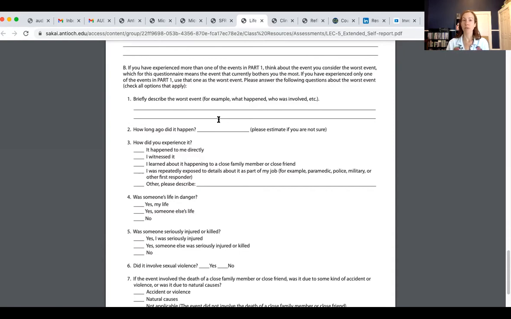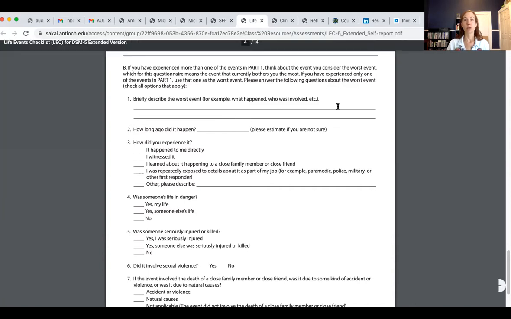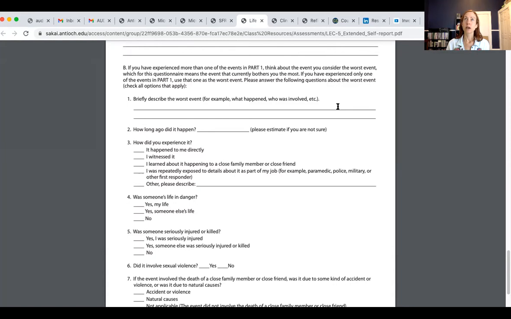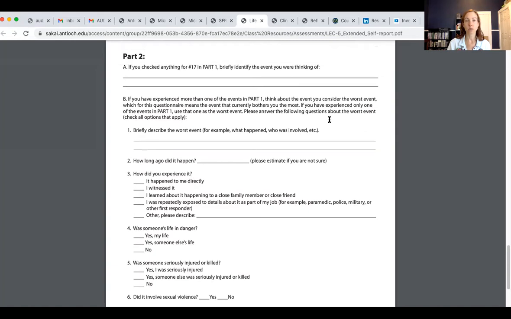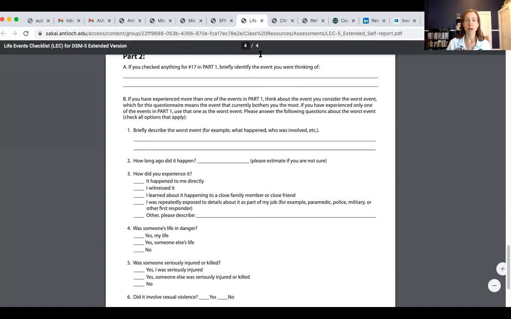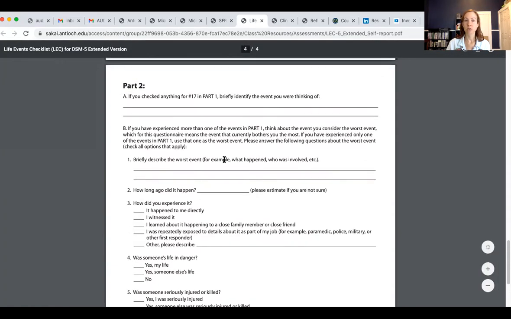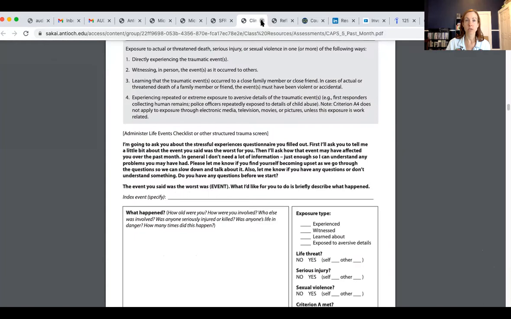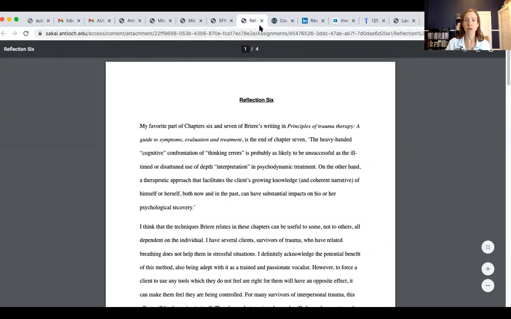You might want to have them on hand with a client who has difficulty spontaneously volunteering information, but clearly has a detailed history that you need to be able to access. So there are different ways to incorporate this. And you certainly don't even have to use the extended version that asks questions in more detail. I'm going to close this and move on.